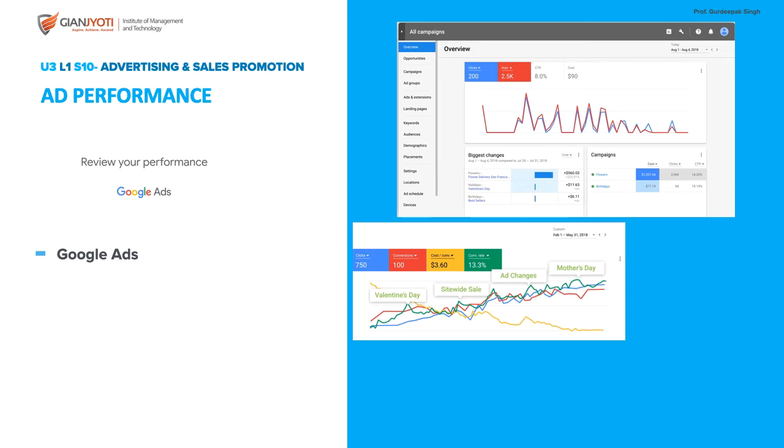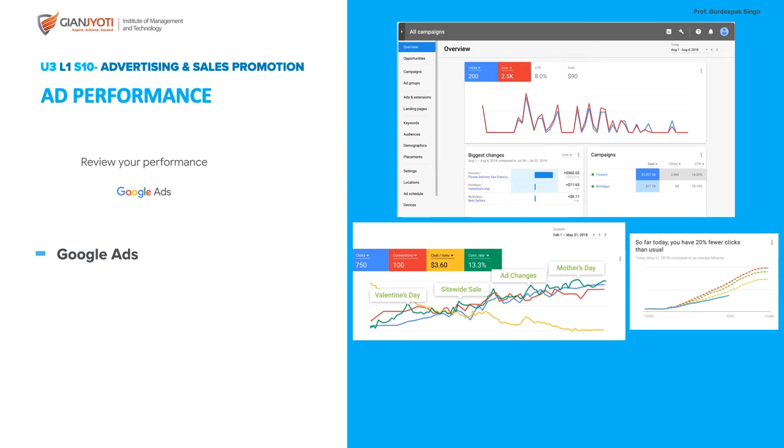For example, it was Valentine's Day if you're selling flowers, site-wide sales, ad changes, you made some changes in the ad, Mother's Day. So accordingly you can gauge which is the right campaign for the right occasion.